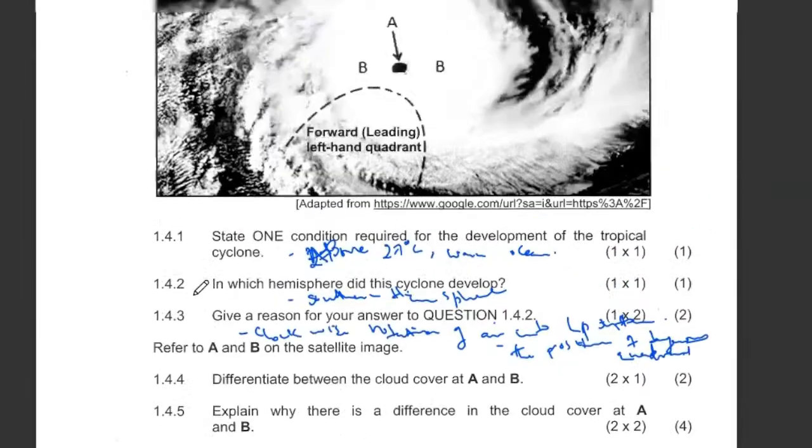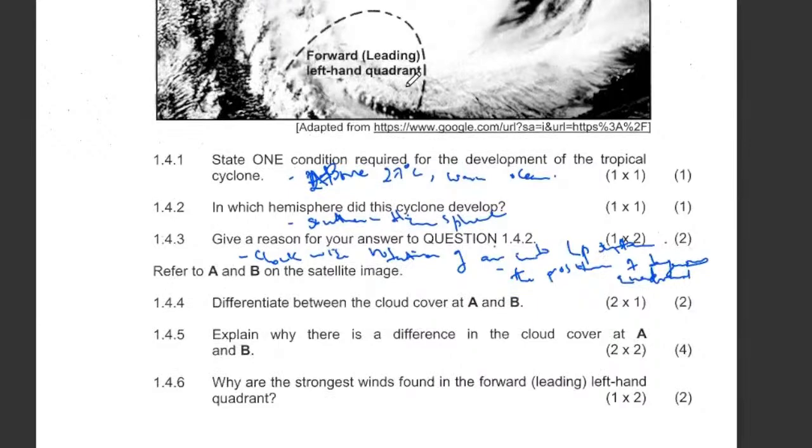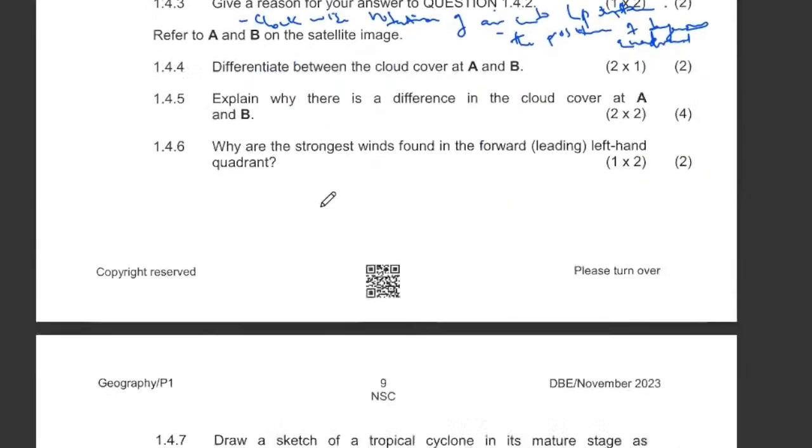Refer to A and B on the set line. You should know that A is the eye, B is the eye wall. Difference in clouds: A has less cloud cover, whereas B has dense cloud cover.